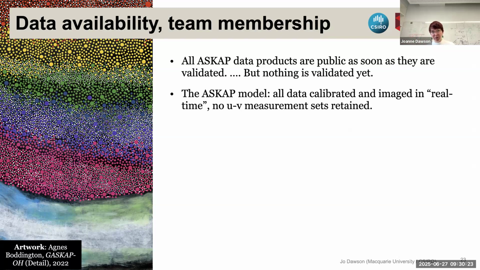And then the idea is that the beautiful science-ready data is served to us as the survey team. And they don't retain the UV measurement sets. So that's a model that we need to adopt. I mean, the SKA is adopting that essentially too, just because of data volumes. It's not feasible to store it.